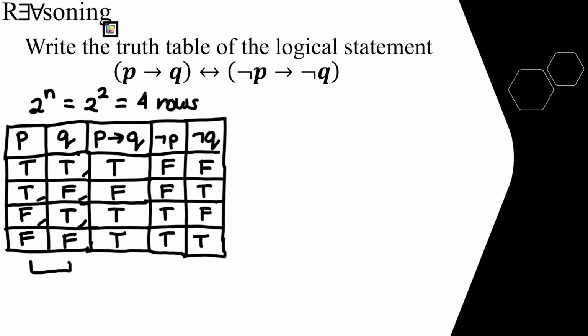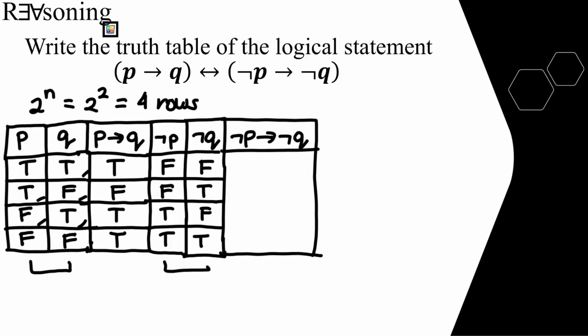Okay? So now that we have this, we are going to use these 2 to come up with our truth table for the not P, then not Q. This is still conditional, but this time we'll be using the negation of P and the negation of Q respectively. Take note again for conditional statements: if both statements are true, or we have the same truth value, automatically our conditional statement is true.